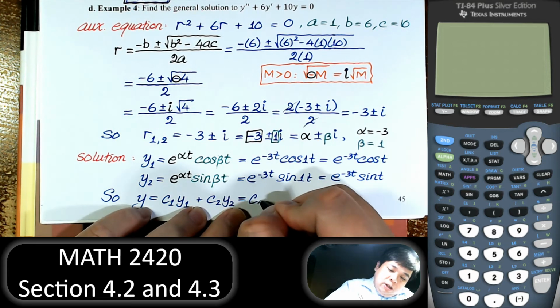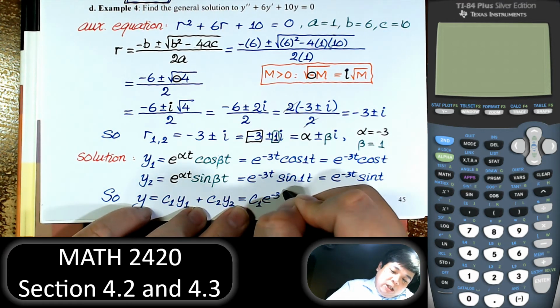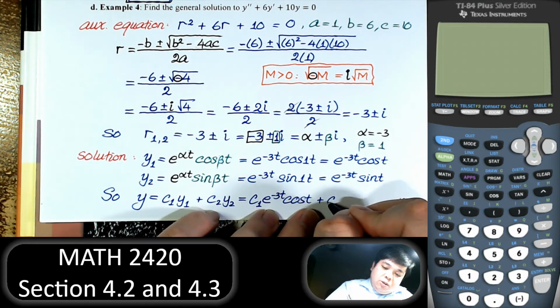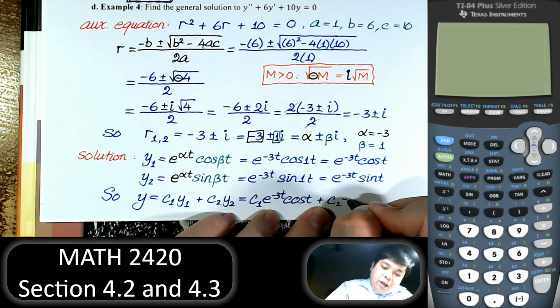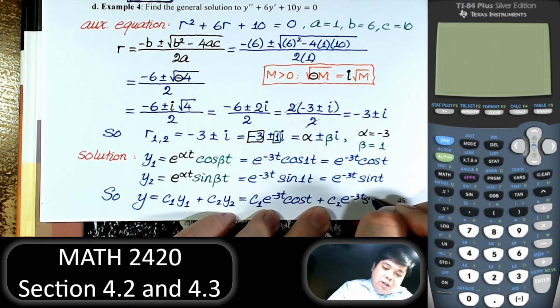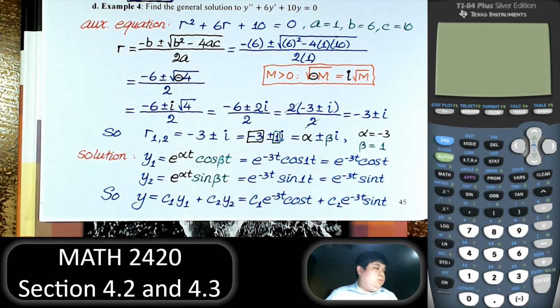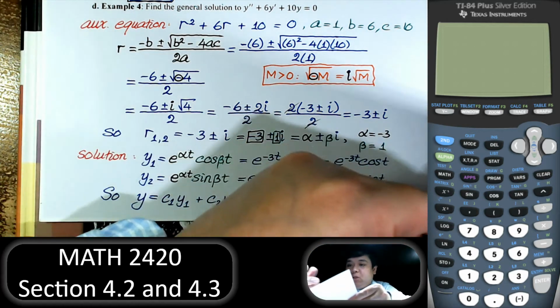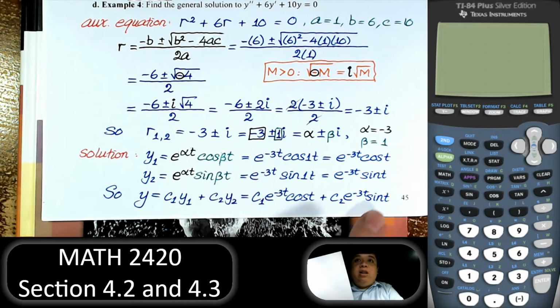So it is C1 e to negative 3t cosine t plus C2 e to negative 3t sine t. Right, so I wrote a little more detail than I should, but that's what we have. When we have the imaginary solution, that's how we write the solution.